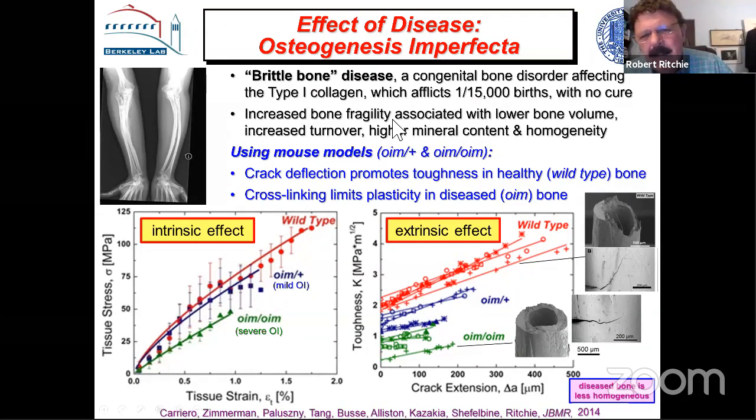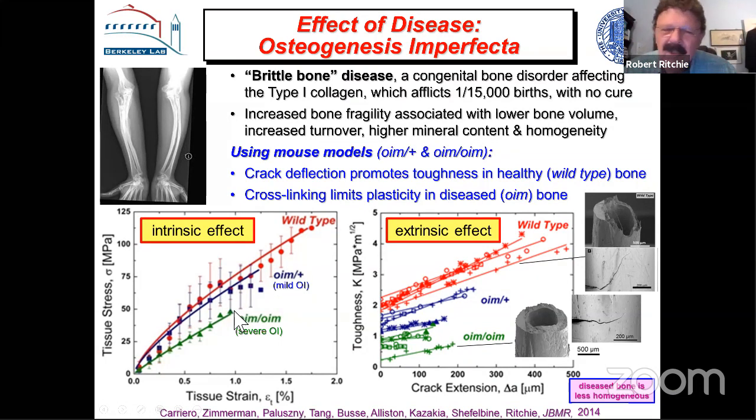We looked at this in a mouse model, and we looked at what happens to the toughness, looking at the intrinsic effect. These are stress strain curves, just normal stress strain curves. The wild type is the healthy bone, and this OIM plus and OIM are the severe disease and the mild disease. And what you can see is that when you compare the stress strain curves, the degree of ductility is diminished, and a bit of the strength as well, by the disease.